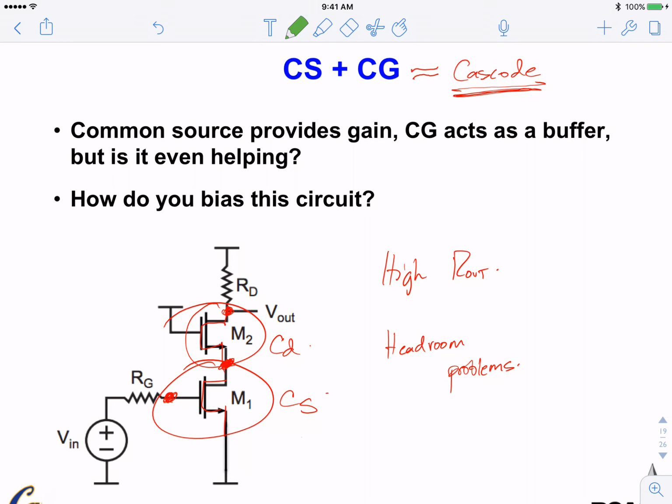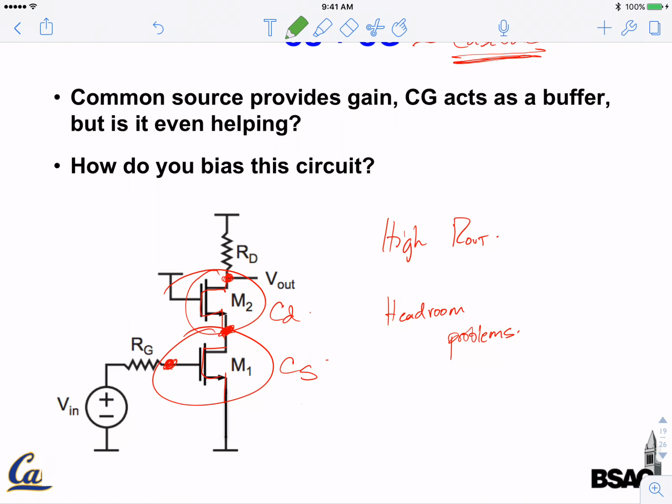Cascode is a common source followed by a common gate. And this has many advantages. It's a classic stage you'll see everywhere. If you look at circuits, you can find a cascode here, a cascode there, you find it everywhere, like current mirrors. So this is a good stage, right? And this stage solves the Miller capacitance in a different way. Miller capacitance is still here, CGD is still here.